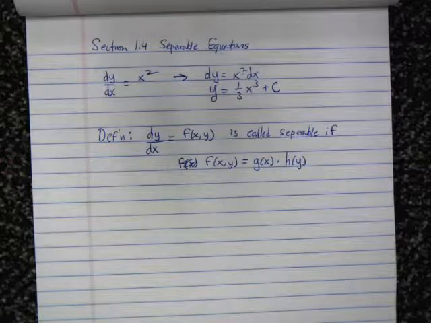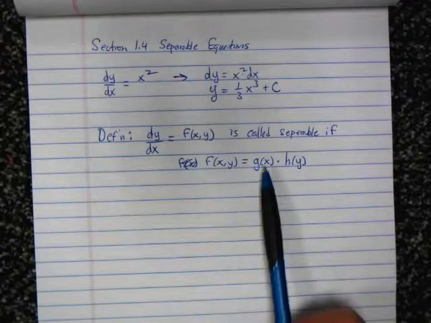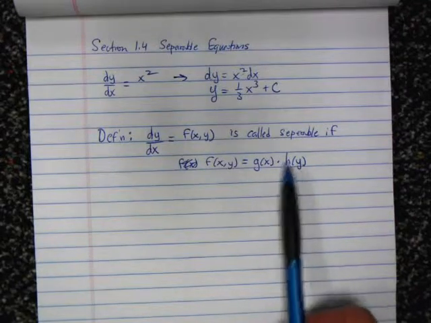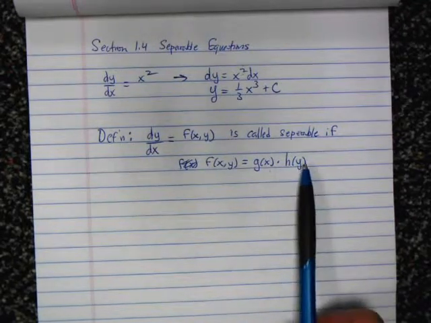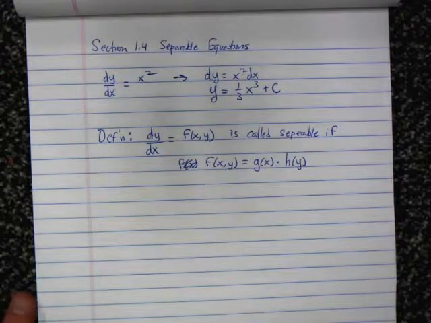So basically this is called separable if you can take this function and separate it into the product of two functions with separate variables. So the word separate shows up a lot there.